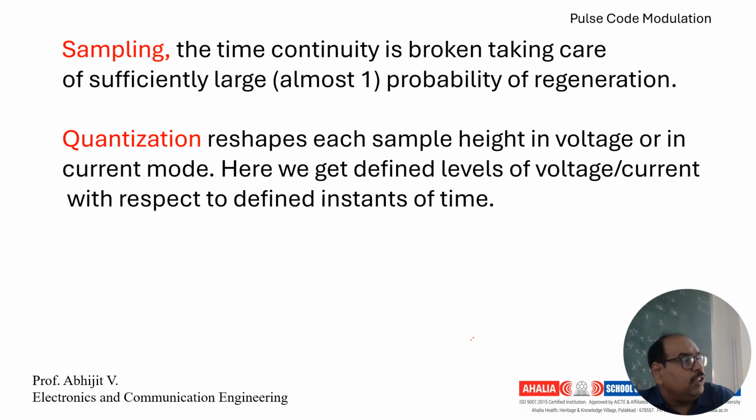The first part is sampling, second one is quantization, and the third one is encoding. So first thing what we have done is that we have broken the continuity of the signal and made the signal discrete. So we have digitized the signal, but we did not digitize it completely because we have not assigned values for that.